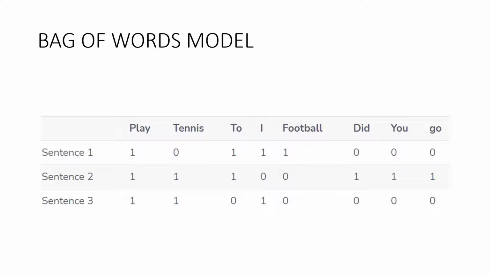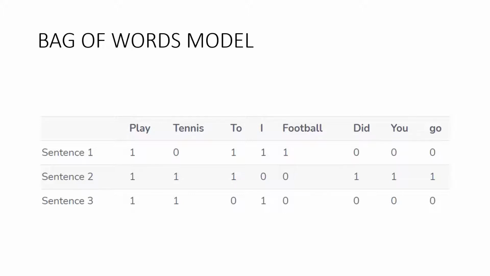One of the main problems associated with the bag of words model is that it assigns equal values to the words, irrespective of their importance. For example, the word play appears in all the three sentences.